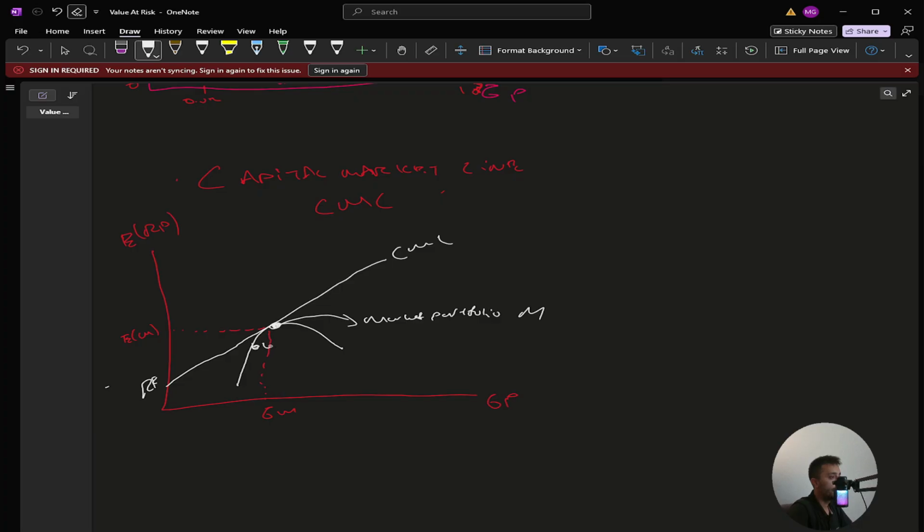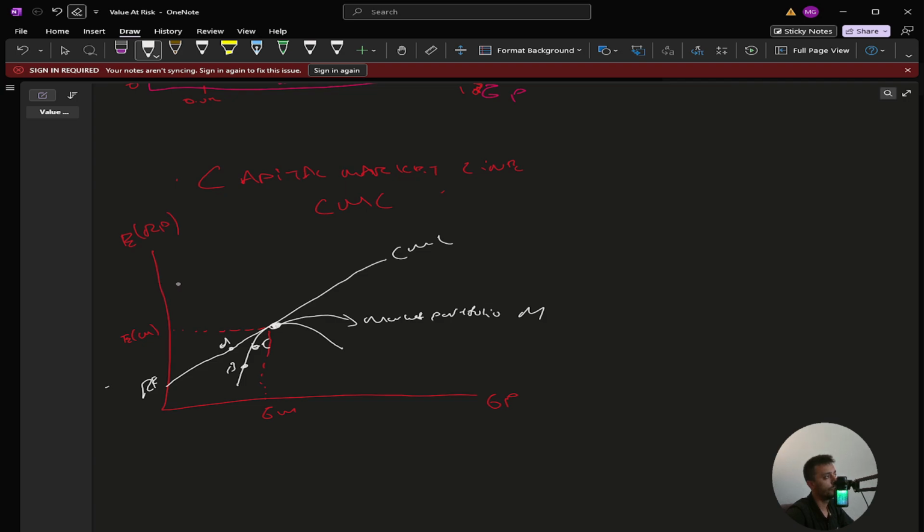And this is portfolio C, and B portfolio, and then A. All right, this is our capital market line, and the risk-adjusted rate of return the investor obtains is a line tangent to the efficient frontier.